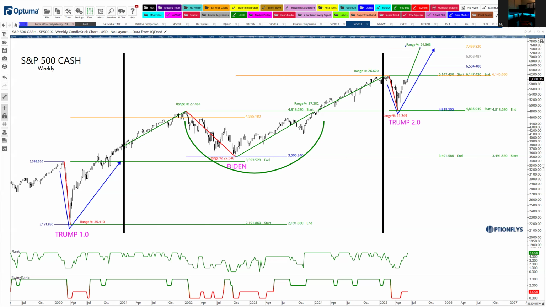The best reward for this trade, I don't even know if the option chain goes that far out. For me, I would absolutely just put a 65 and 7,400 call spread and just leave it.